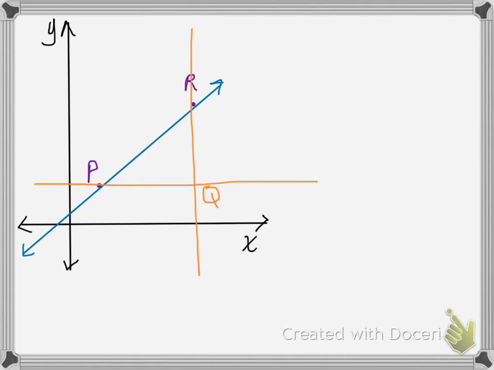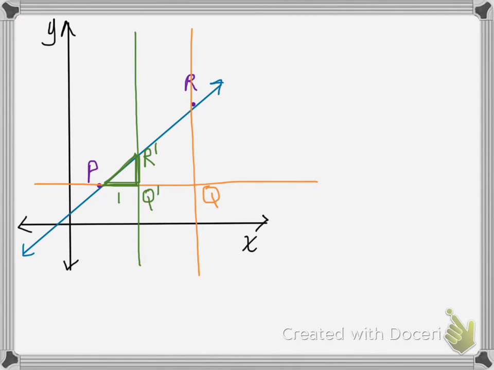But first let's look at the other triangle that we can draw here, where I'm going to draw another vertical line, and I'm going to call this Q prime and this R prime. And I've drawn this so that this vertical distance is 1 right here. So we've got a couple slope triangles going on here.